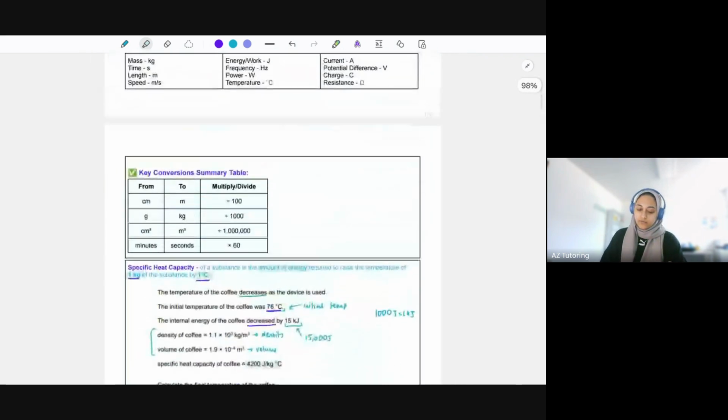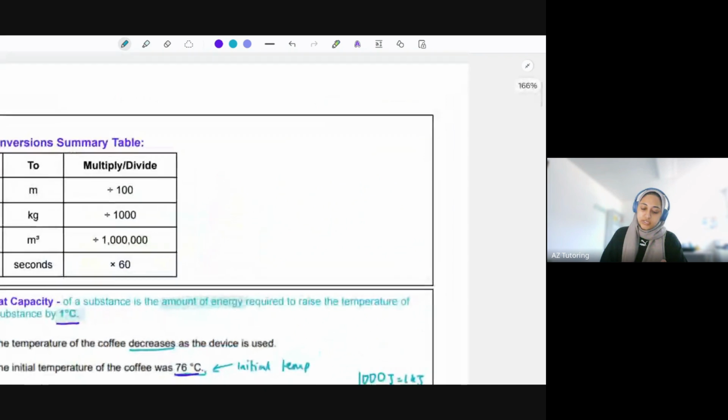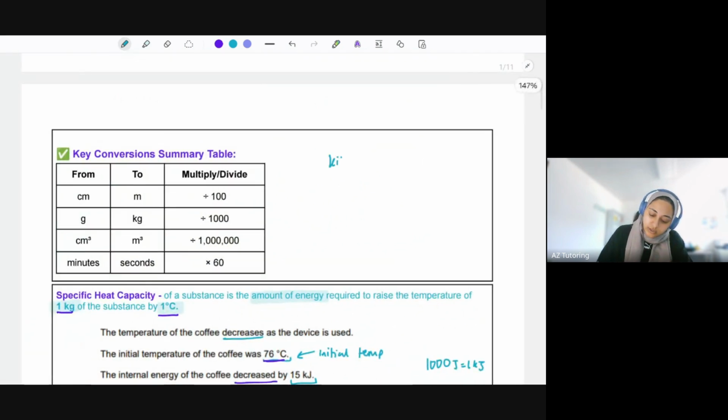So I just want to give you a heads up on some more unit changes. Anytime you see the word kilo, most likely you'll be timesing by 1,000. Sometimes they throw in mega in there as well. It's quite rare, but they could. So they could say, for power, megawatts. Now with mega, we're timesing by 1 million. So 6 zeros.